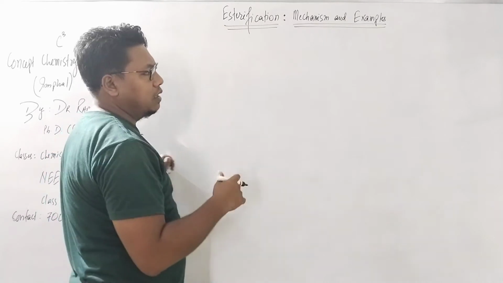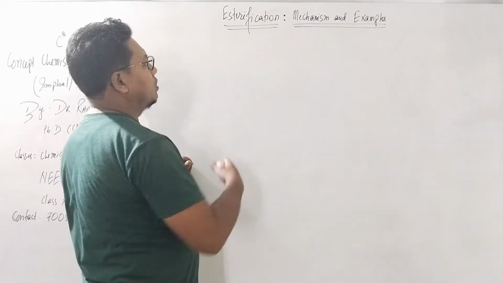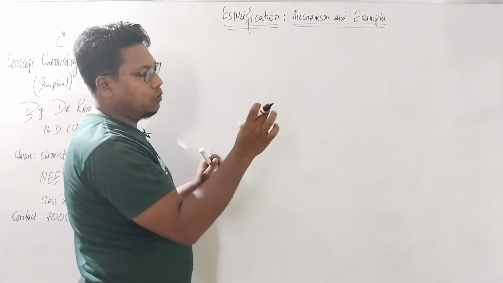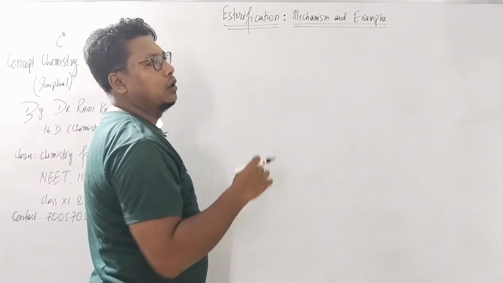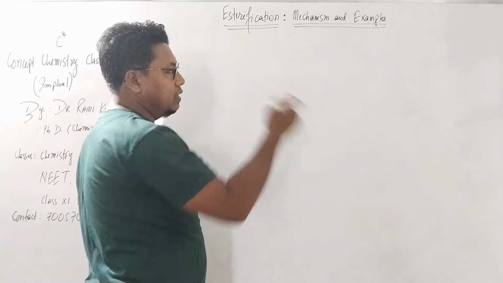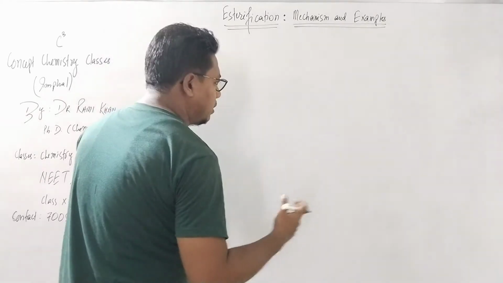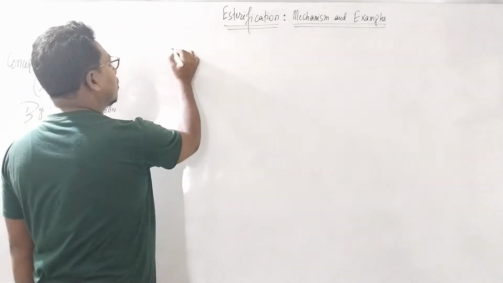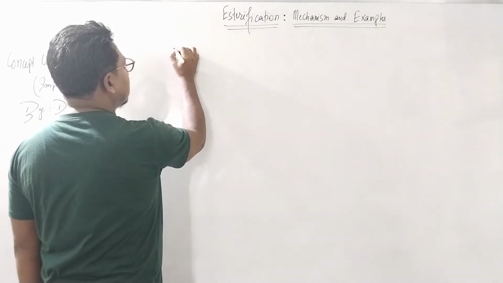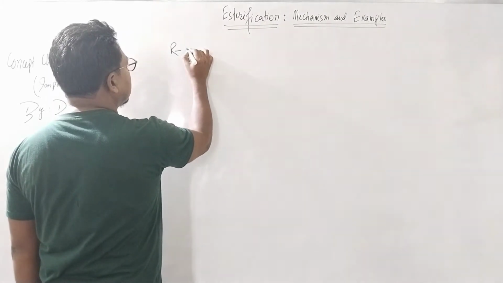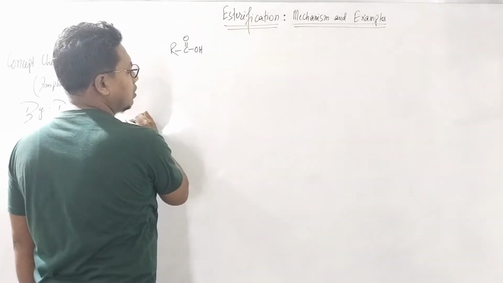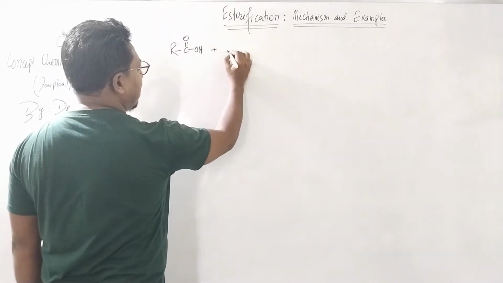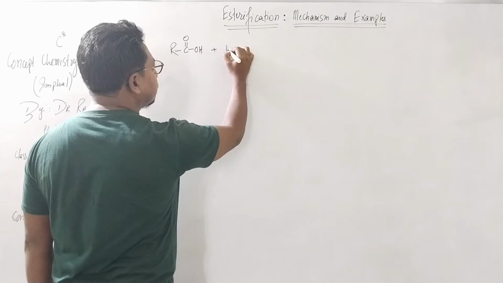Esterification is a reaction in which a carboxylic acid is reacted with an alcohol to form an ester, and this reaction takes place in the presence of an acid. So, this is a carboxylic acid, and it is reacted with an alcohol.